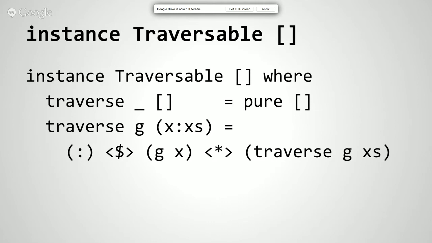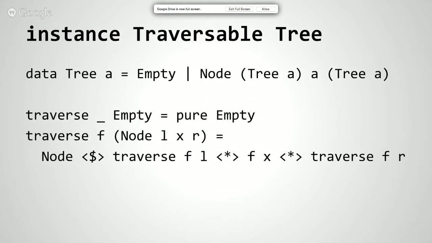We fmap that across g of x, which is potentially effectful, applied to traverse g xs. So again, that's a recursive definition.